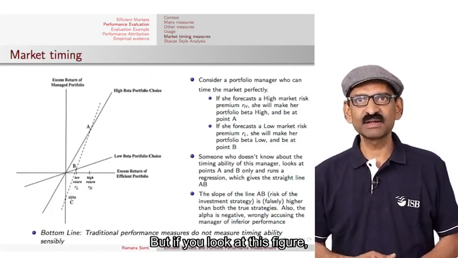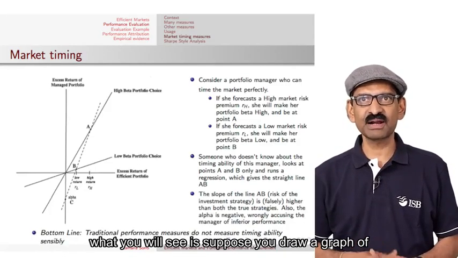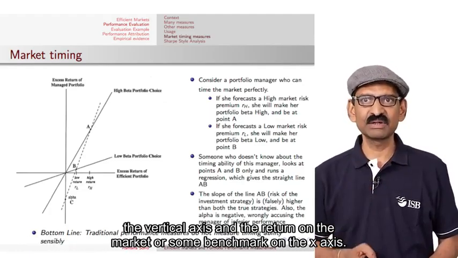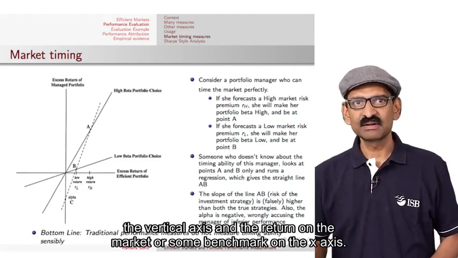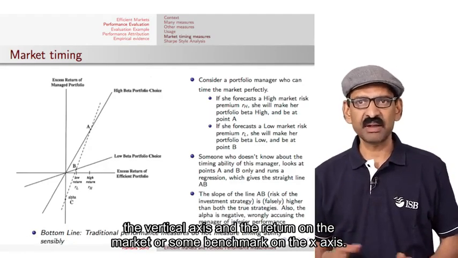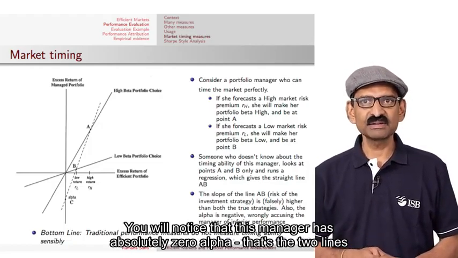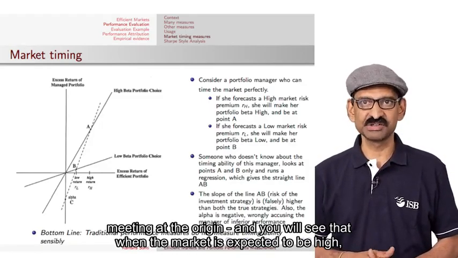But if you look at this figure, suppose you draw a graph of a managed portfolio or a fund manager's return on the y-axis, the vertical axis, and the return on the market or some benchmark on the x-axis. You will notice that this manager has absolutely zero alpha. That's the two lines meeting at the origin.